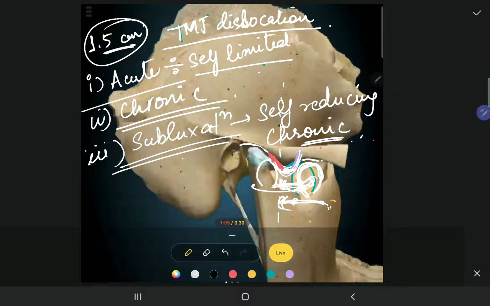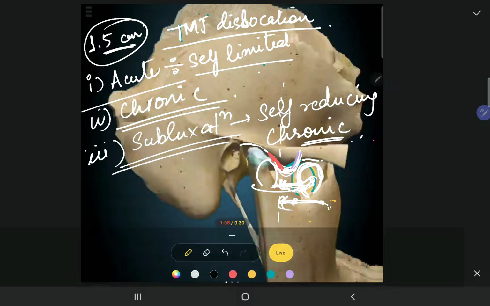So, there is going to be difficulty in speaking, and there can be muscle spasm of the lateral pterygoid because the lateral pterygoid muscle is attached to the head of the condyle.